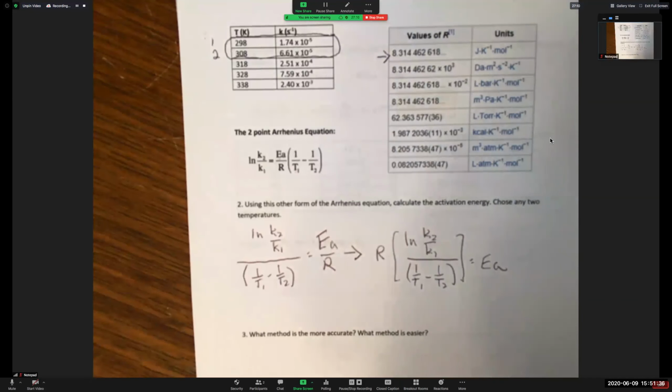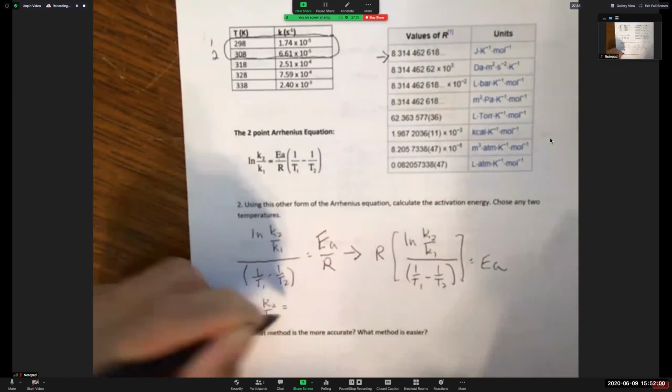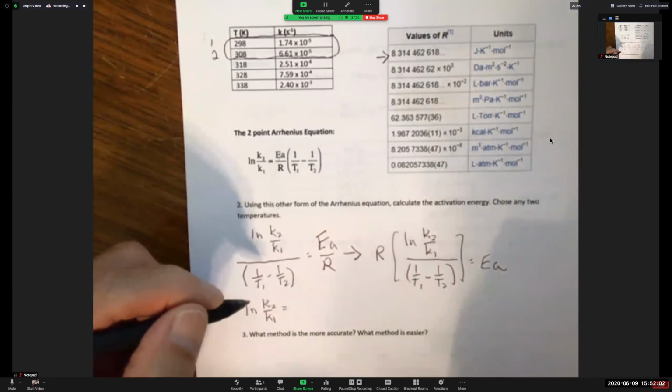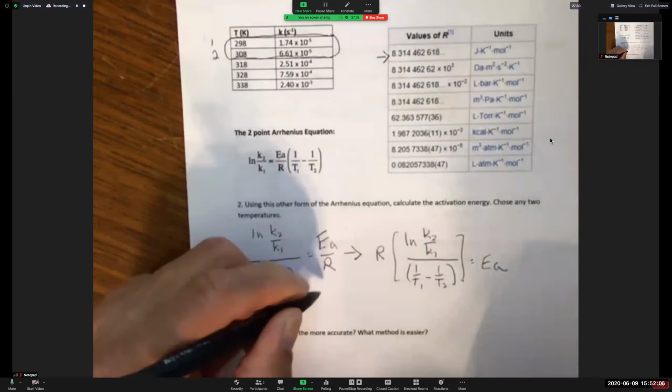So we've got that value. That looks about right, K2 over K1, and we'll take the natural log of that. K2 over K1 is 3.80.